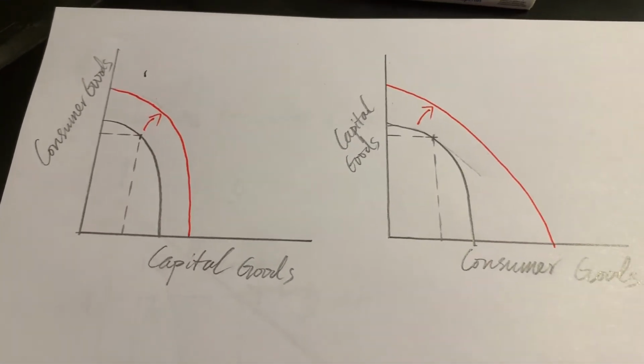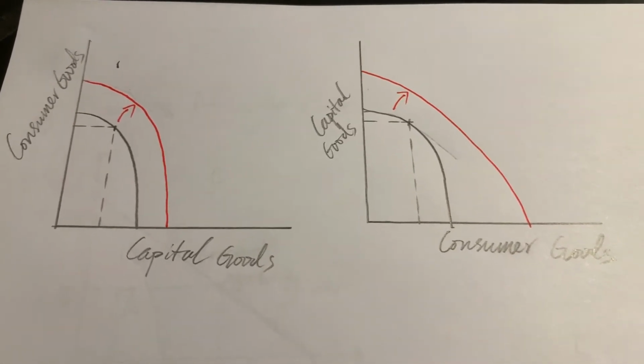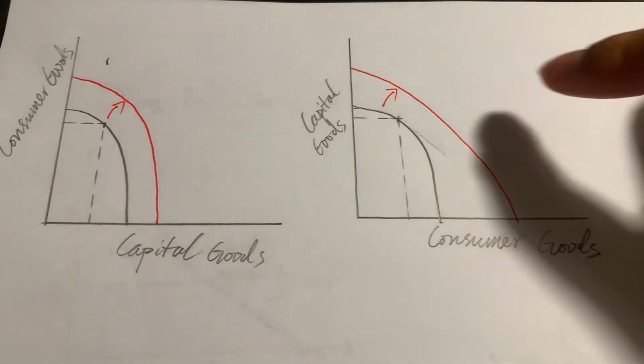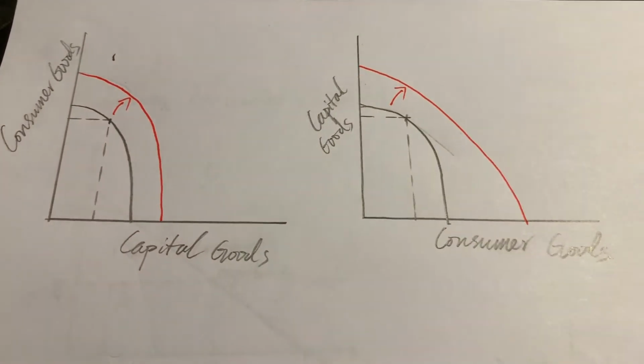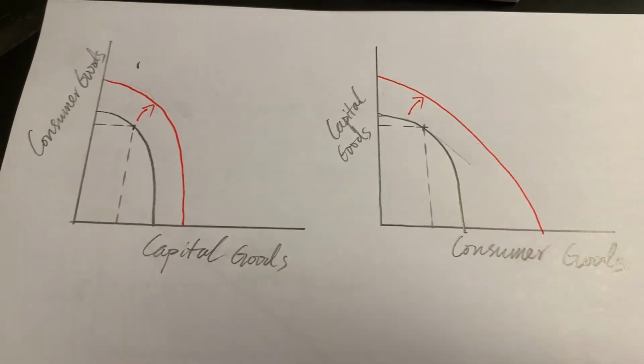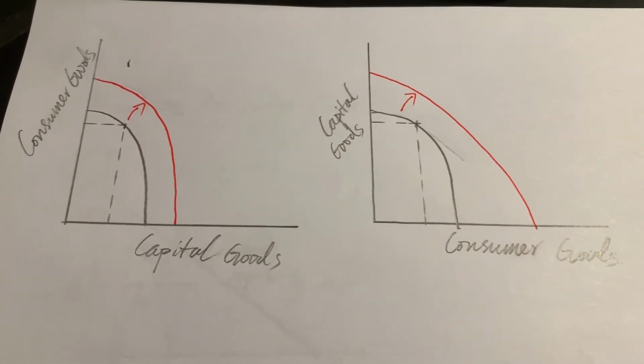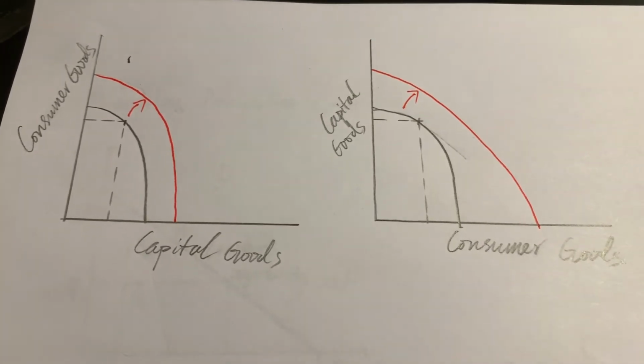By the way, the red line means the future curve. As your capital goods increase, your technology increases, which means your consumer goods also increase. So there's a big difference between those two.